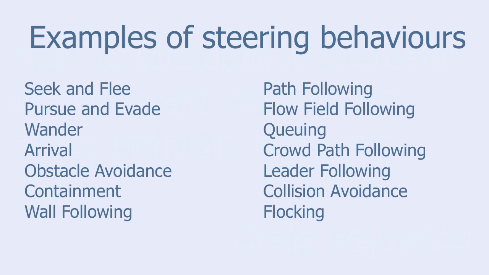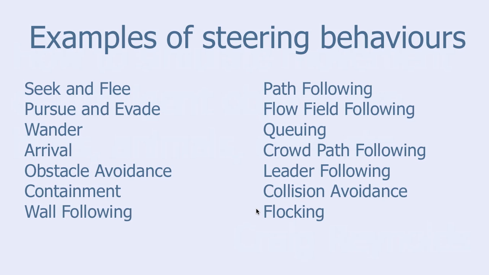Here are some of them: seek and flee, pursue and evade, wander, arrival, obstacle avoidance, containment, wall following, path following, flow field following, queuing, crowd path following, leader following, collision avoidance, flocking.